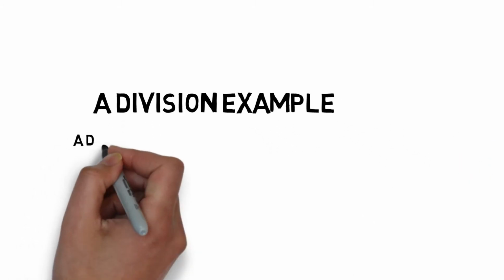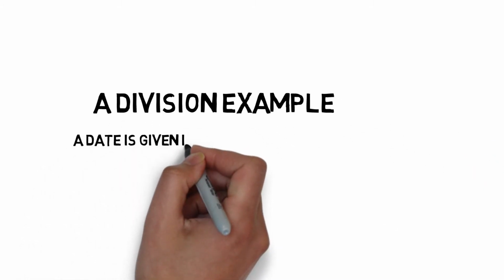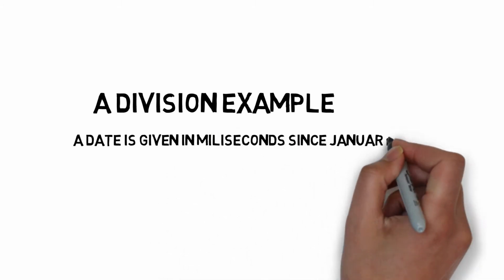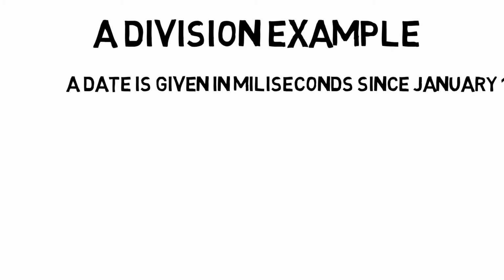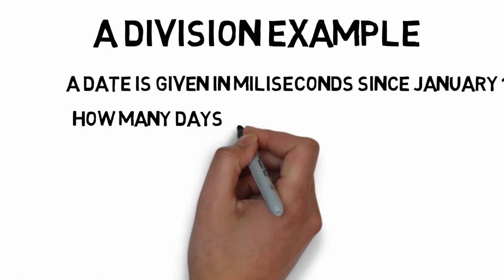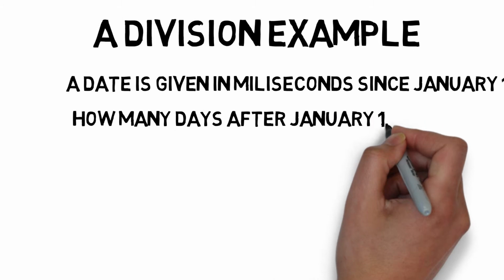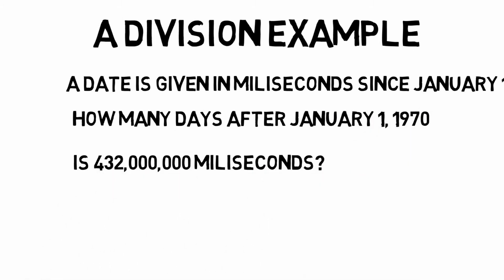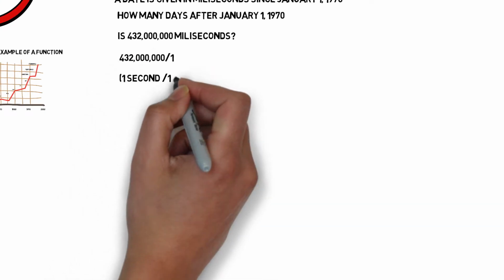Let's take another division example. How many days after January the 1st, 1970 is 432 million milliseconds? The answer is we take 432 million over 1.